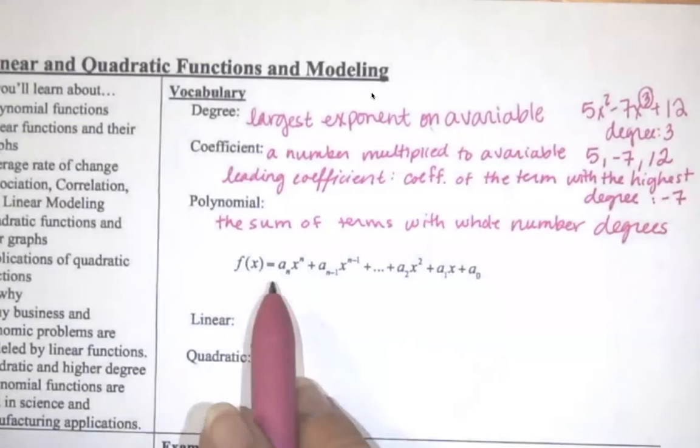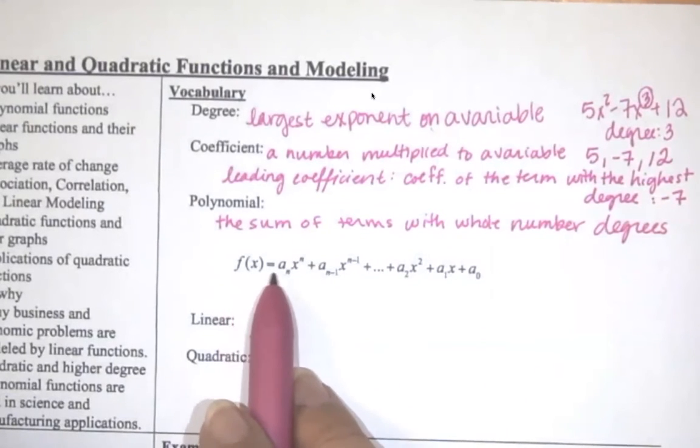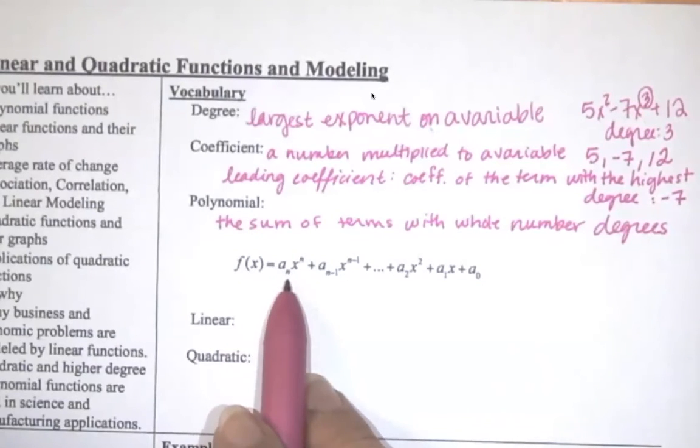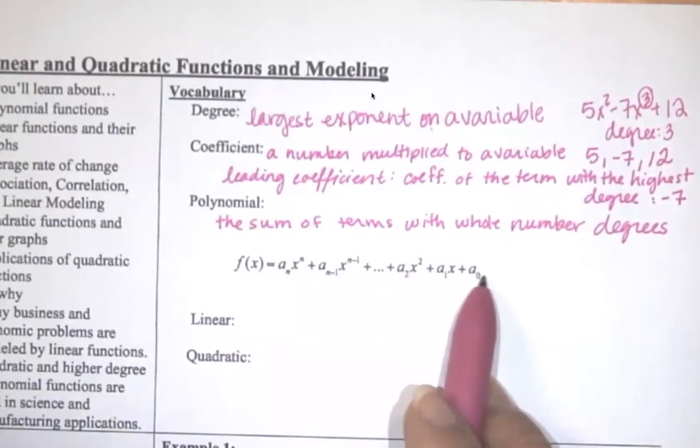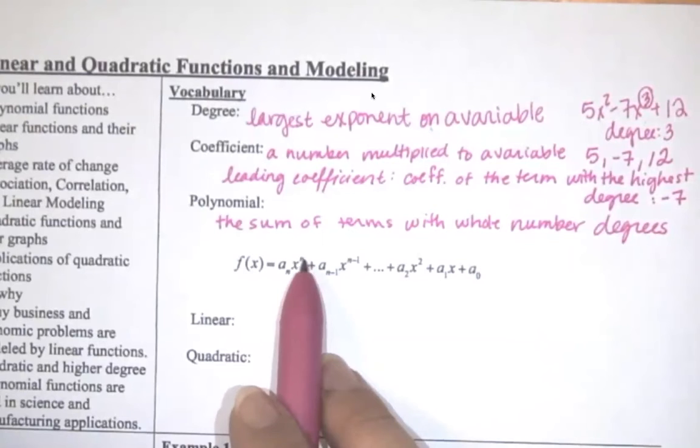Now, there's a very complicated way of writing a formal definition of a polynomial. A polynomial is a function where we have n terms. We've seen this notation before. A sub n is just going to be an n number. The subscript just differentiates it from our other coefficients. So a is our coefficient. Then we have x to the power of n.